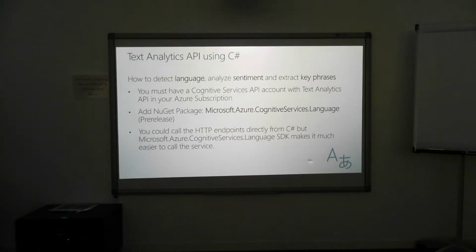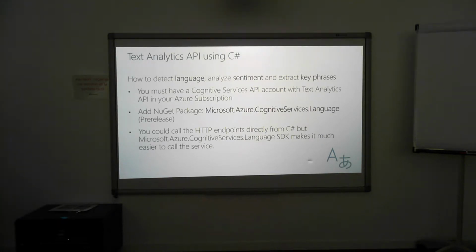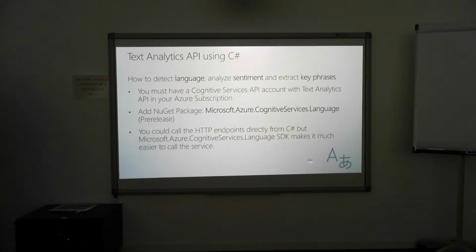Then you have to add the NuGet package, Microsoft Azure Cognitive Services Language. It is in pre-release. You have to set the flag in Visual Studio to search pre-release NuGet packages. If you want, you are able to call the HTTP endpoint directly in C#, but the SDK is simpler.